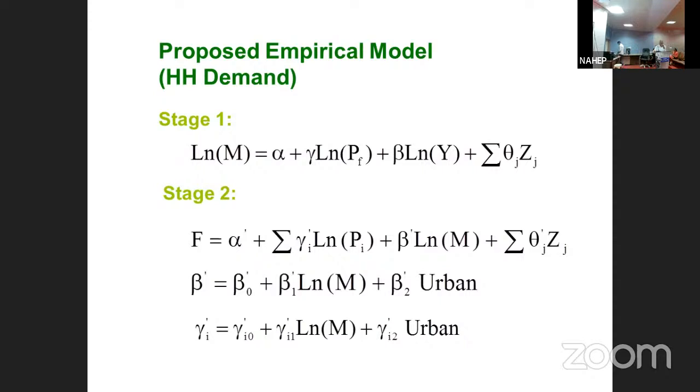Then the third condition is the additive condition, that the A coefficients of all the equations in the third stage must sum to 0. It means we delete one equation and then derive it from the additive condition.